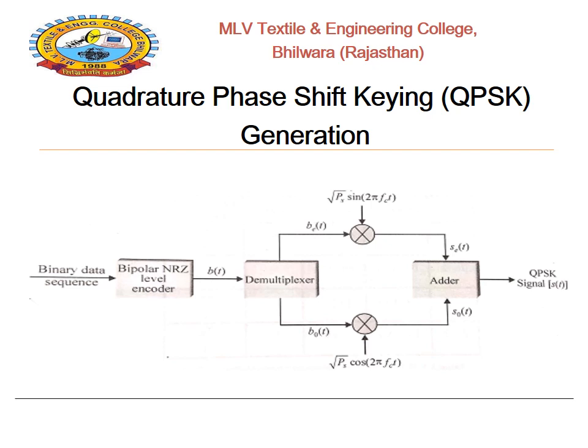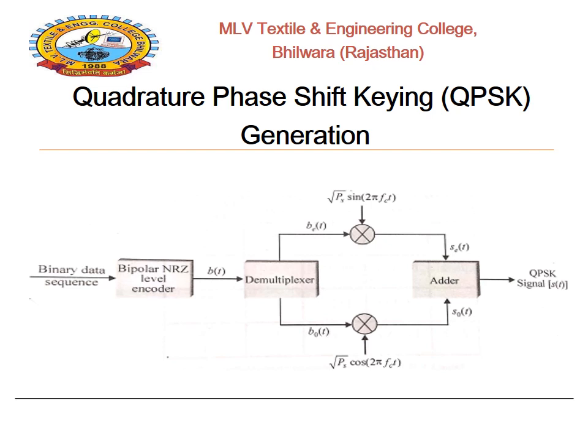The upper part b_e(t) is given to the multiplier, also known as the balanced modulator, where it is multiplied with the sinusoidal component sin 2 pi fc t. Fc means the carrier frequency component, which is in sinusoidal form. The lower part b_o(t), the odd part of b(t), is given to another multiplier, where it is multiplied by the cosine term cos 2 pi fc t.